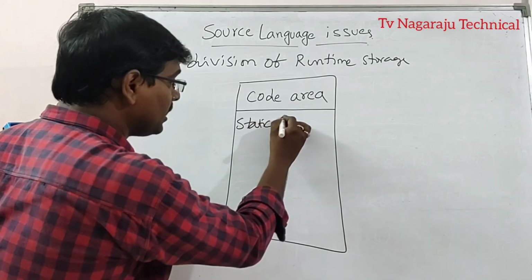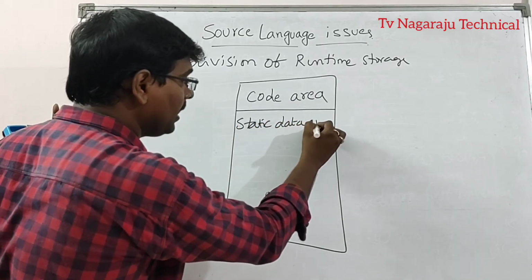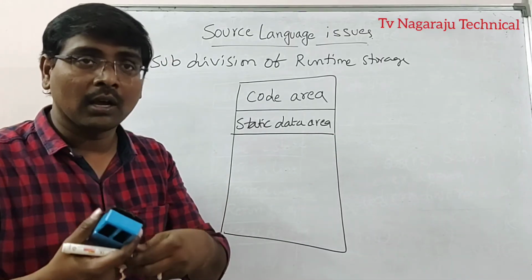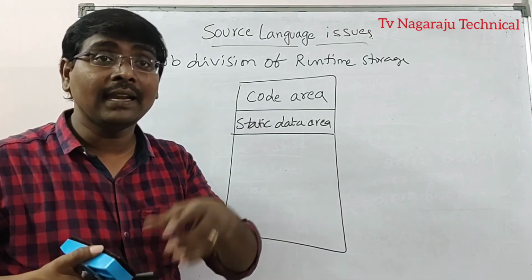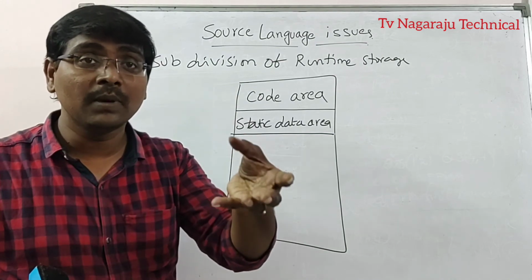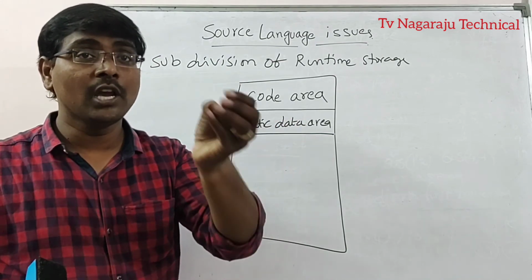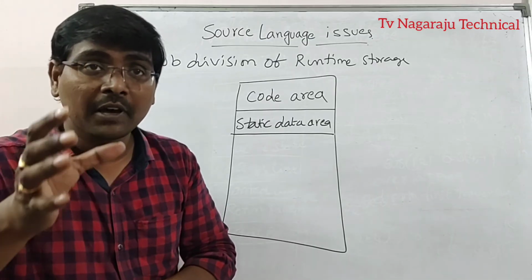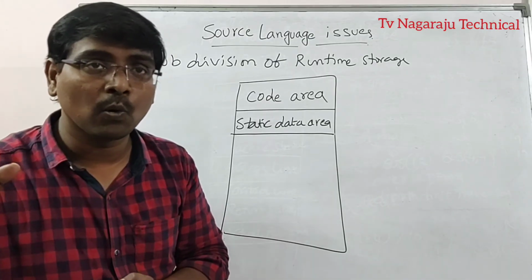Next one, static data area. Any program consists of static information. What is meant by static? Common, shared variables, shared memory. That shared information is available in the program.